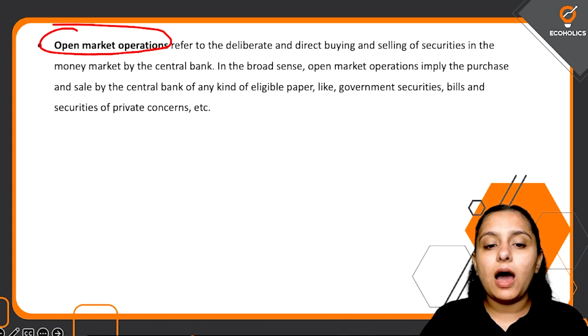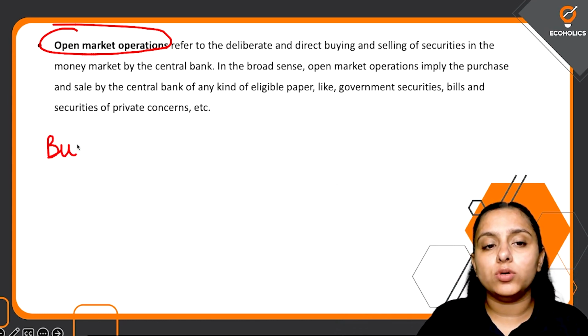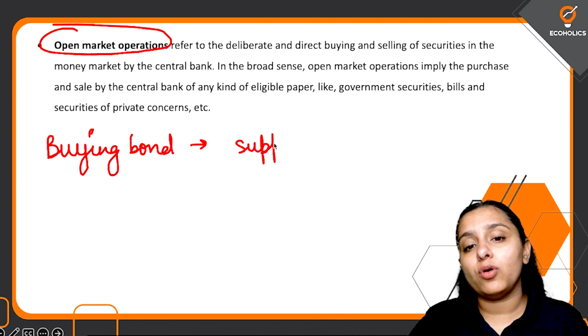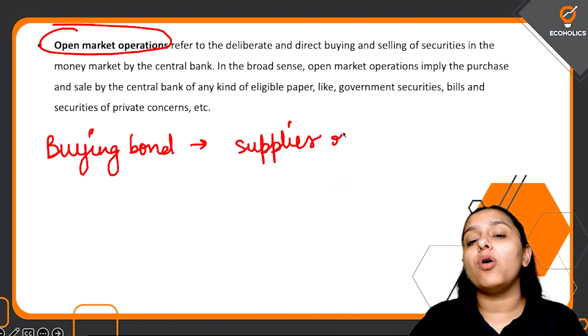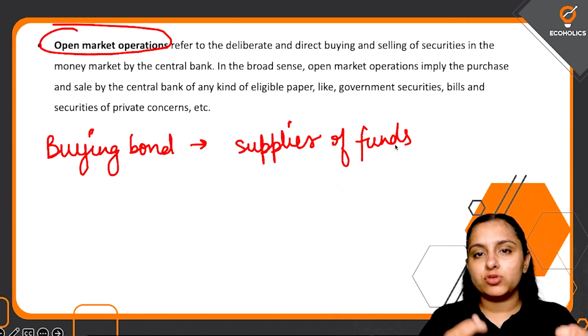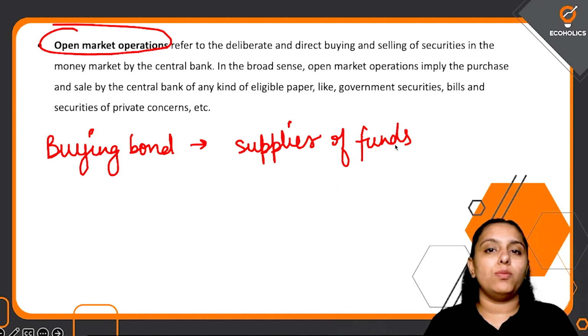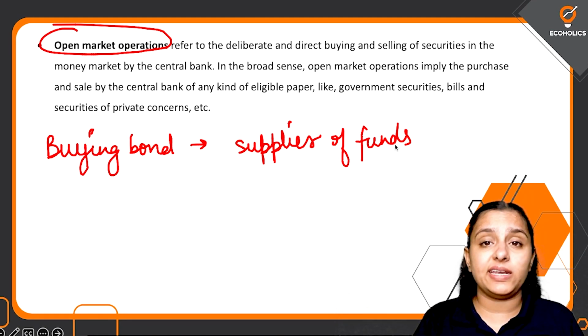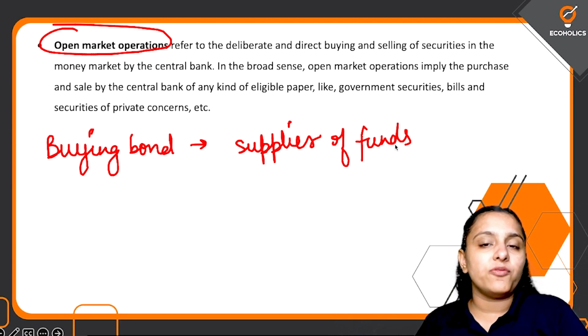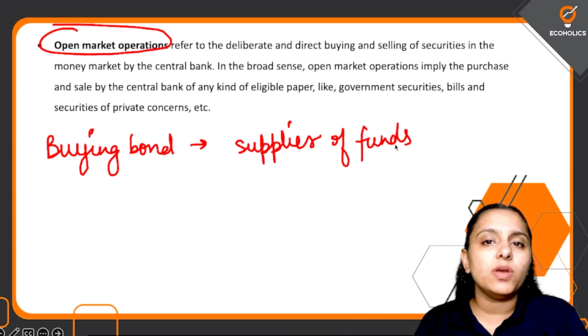When the RBI is buying bonds, what is RBI doing? When someone buys a bond, they are the supplier of money, the supplier of funds. Because a bond is a promise you make to someone that I will return your money on this date with this interest rate. So if I'm buying a bond, it means I'm giving my money.